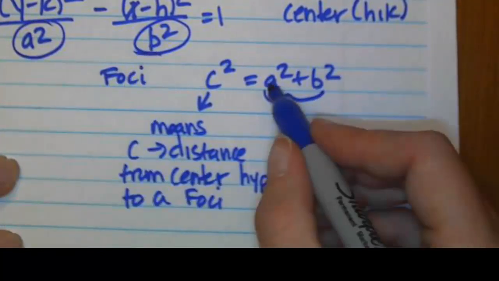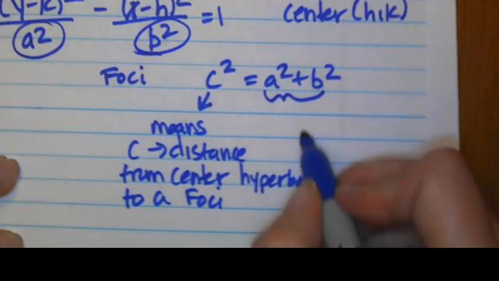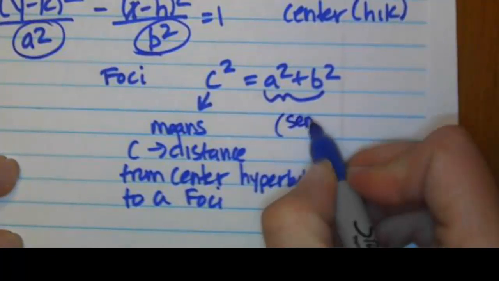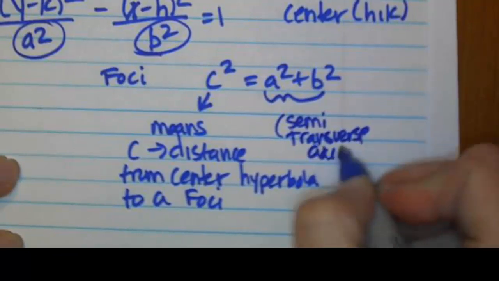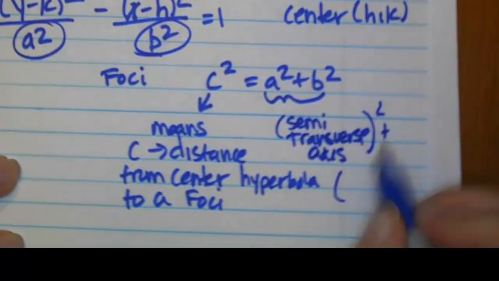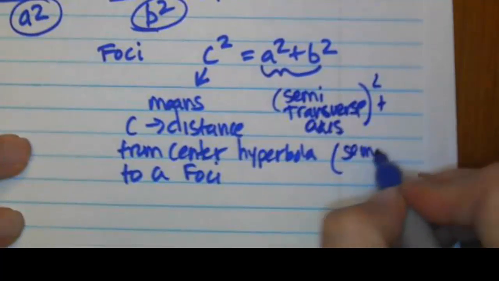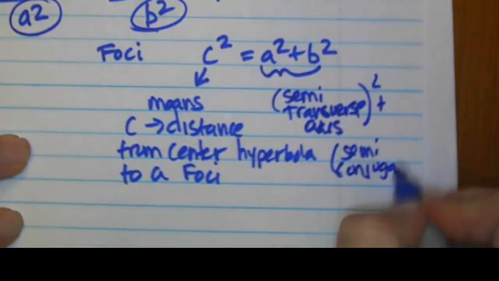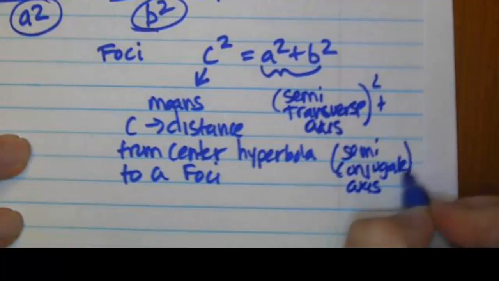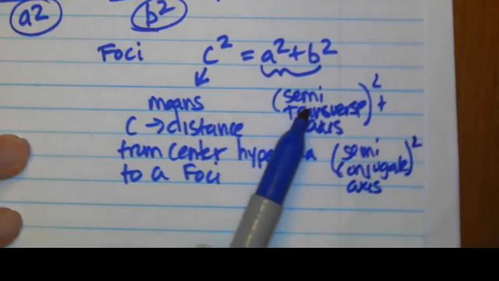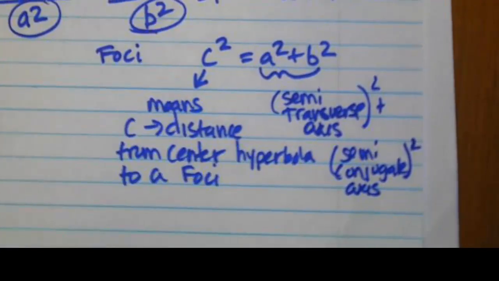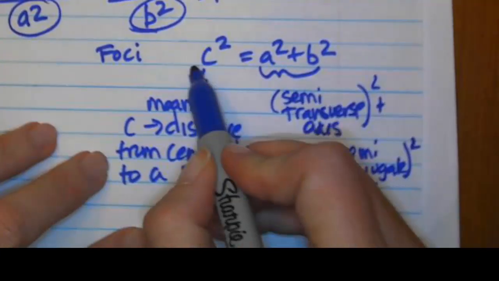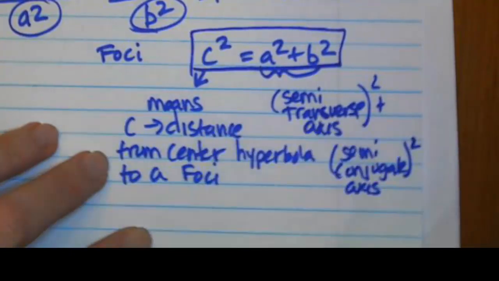What you're doing is taking the semi-transverse axis and squaring it, and adding to it the semi-conjugate axis squared as well, keeping in mind that this doesn't necessarily mean A and this doesn't necessarily mean A, because it really just depends on which one is coming first. So the idea with the hyperbola is when we want to find information about the foci, we're going to use c squared equals a squared plus b squared.